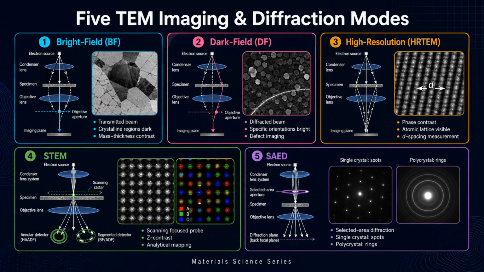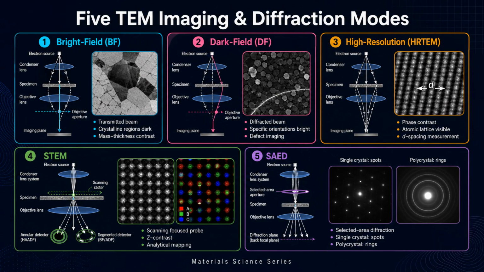High-resolution TEM, or HRTEM, uses phase contrast to image atomic lattice fringes directly. You can measure d-spacings and identify crystal structure from HRTEM images. Scanning TEM, or STEM, focuses the beam to a probe and scans it across the specimen. Combined with a high-angle annular dark-field detector, STEM provides Z-contrast imaging where heavier atoms appear brighter.